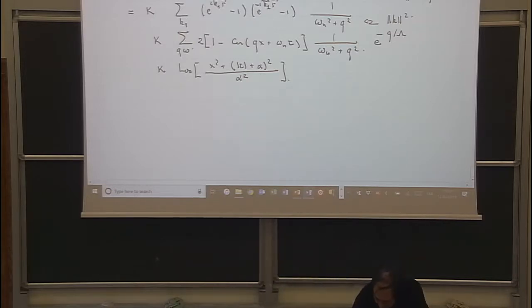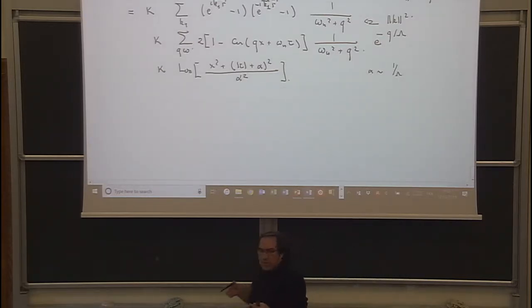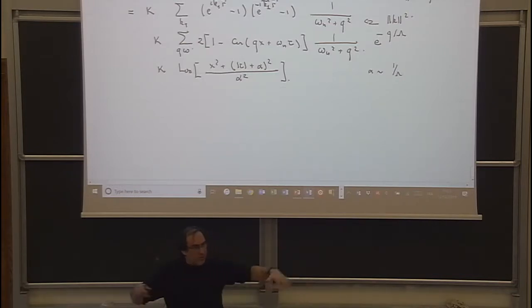So alpha here is of the order of 1 over lambda, and again, it's a lattice spacing. It's a cutoff which is dependent also on the interaction. Sometimes people call this the healing length for a weakly interacting superfluid. It doesn't matter at that stage. There is a cutoff, I need to put it. I could take the full spectrum, q squared plus q to the fourth, but then the integral would be slightly more complicated to do.